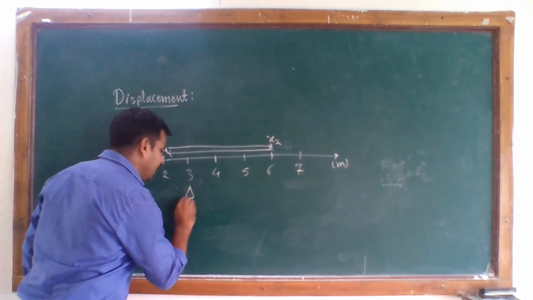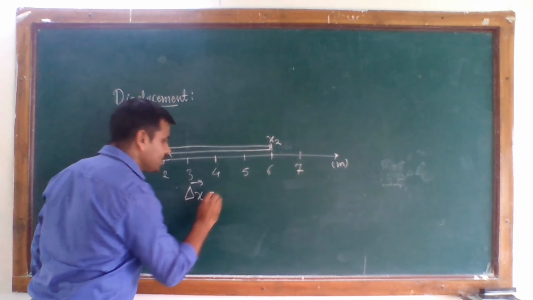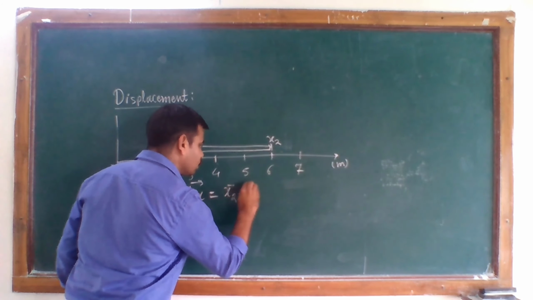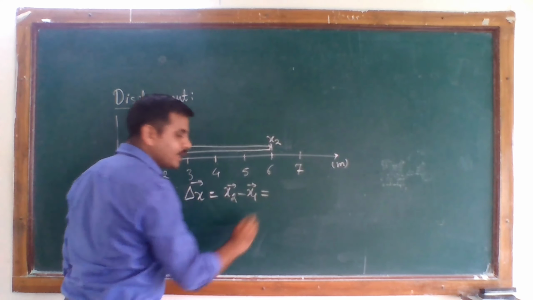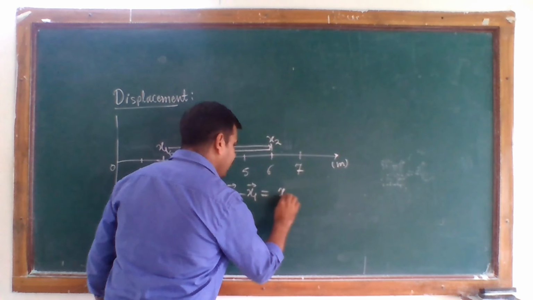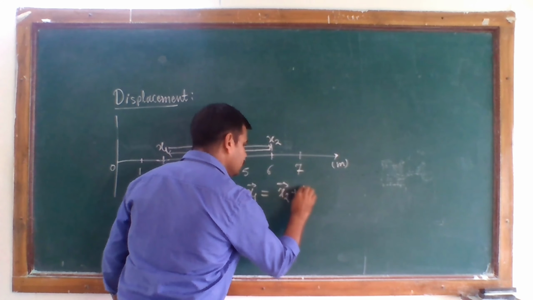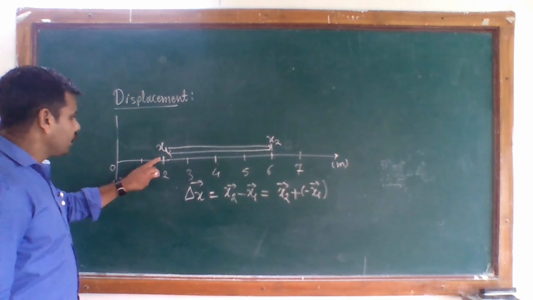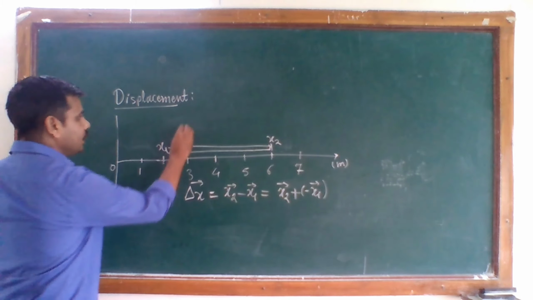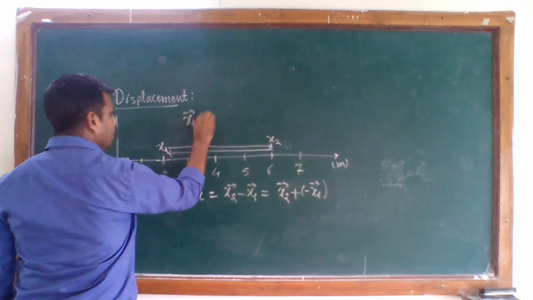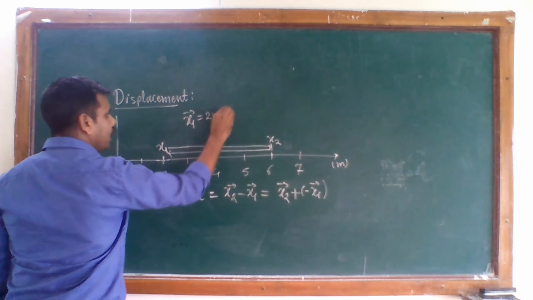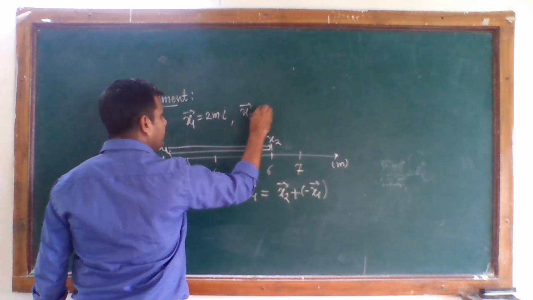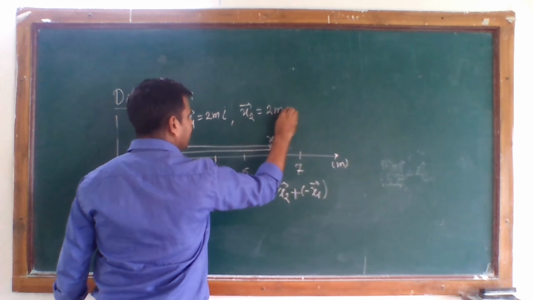So your delta x is equal to x2 minus x1. Here your x1 is 2 meter and x2 is also 2 meter.